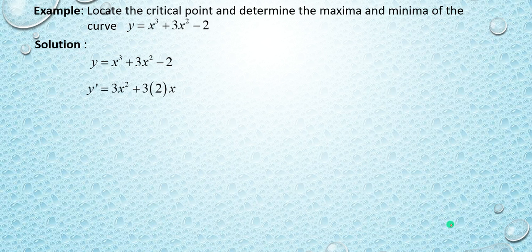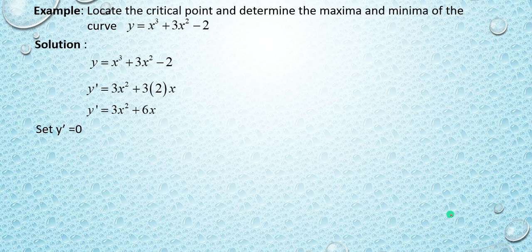First, we get the first derivative. y prime equals 3x squared by the power formula plus 3 times 2 times x, and the derivative of the constant is 0, so eliminate it. So we have y prime equals 3x squared plus 6x.